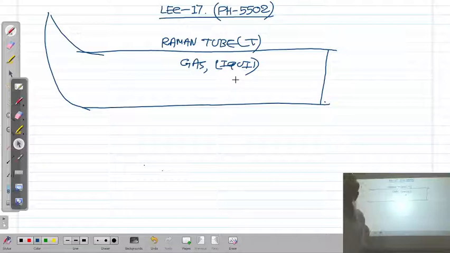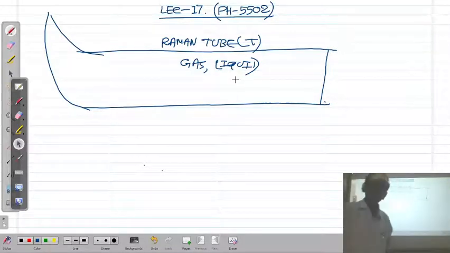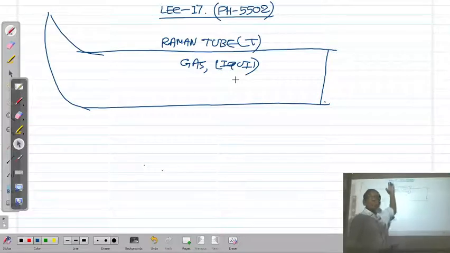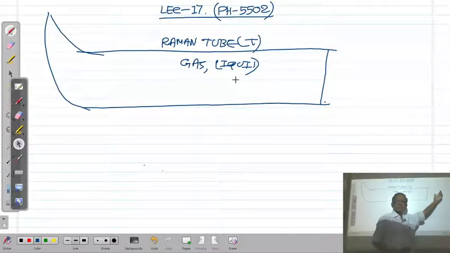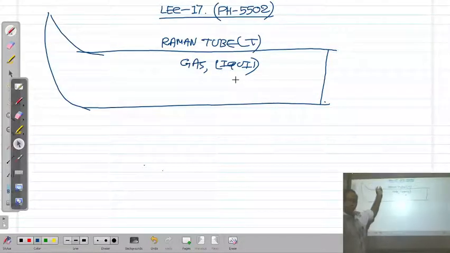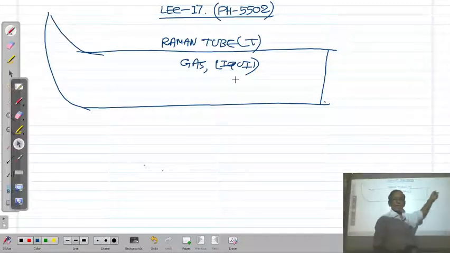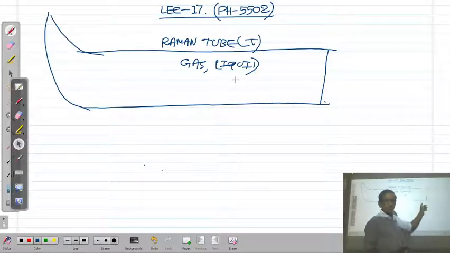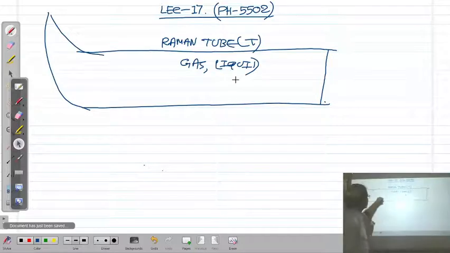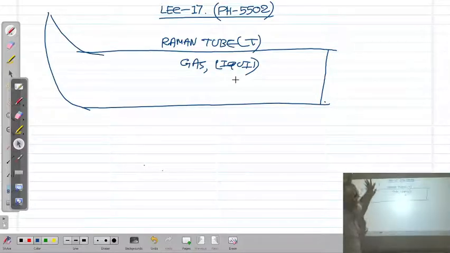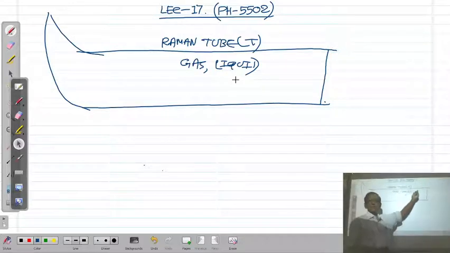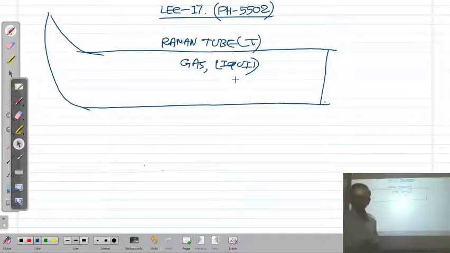In the experimental arrangement to study Raman spectra, we used one Raman tube of 15 cm length and 2 cm diameter. One end of the Raman tube is flat and the other end is drawn out in the shape of a horn. The molecular sample, gas or liquid, is filled inside the Raman tube.